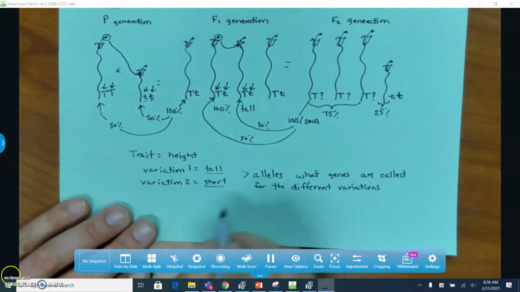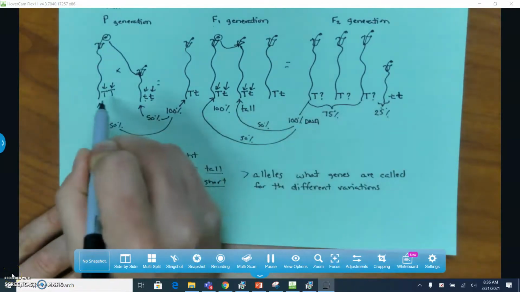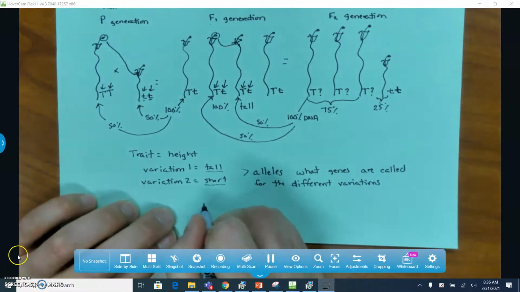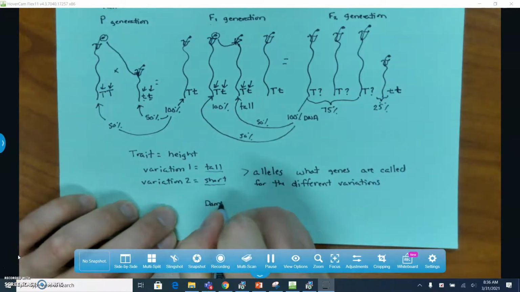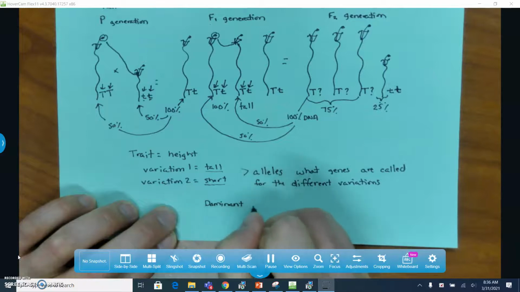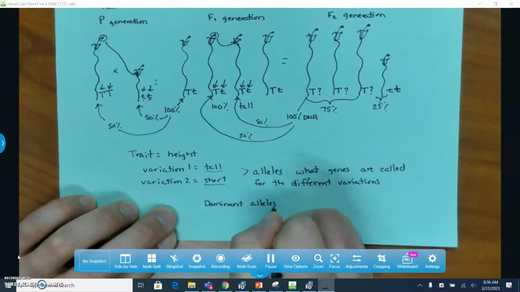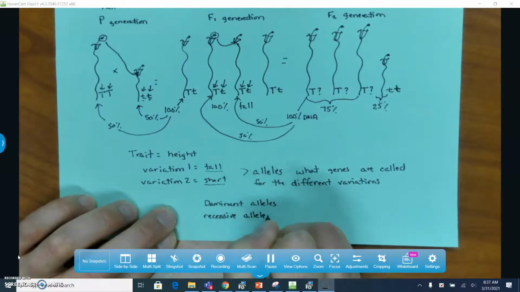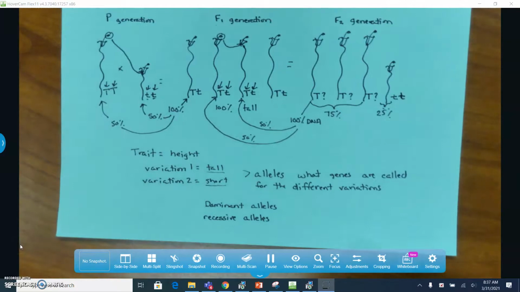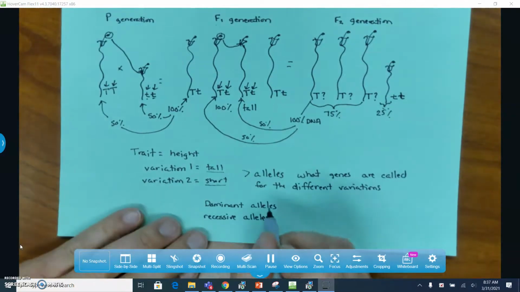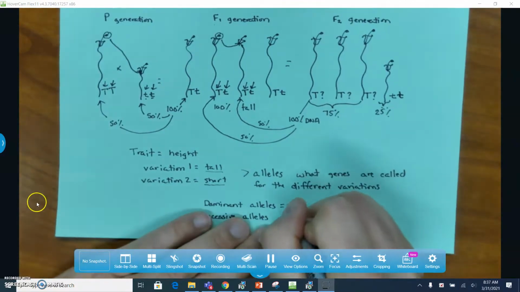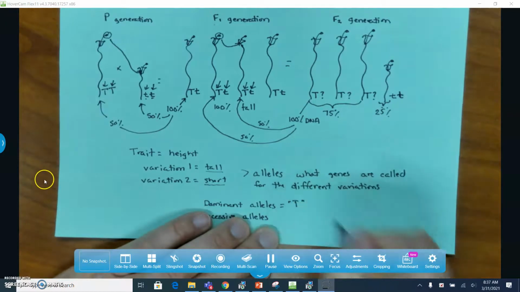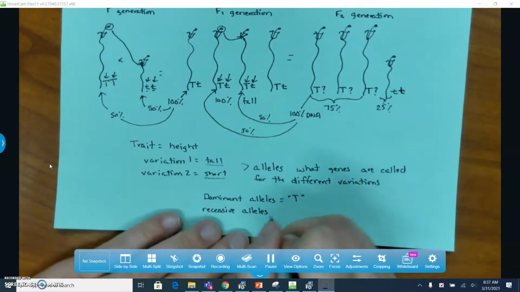What Mendel called these upper and lower case alleles were dominant alleles or recessive alleles. Dominant alleles use an uppercase letter.